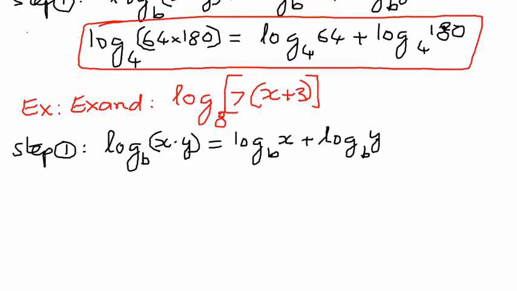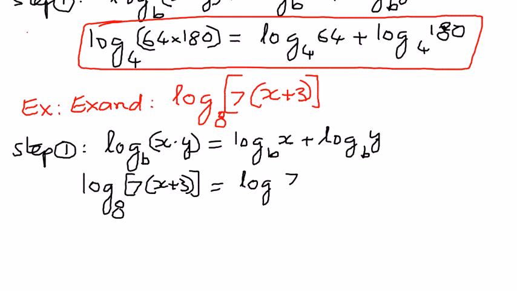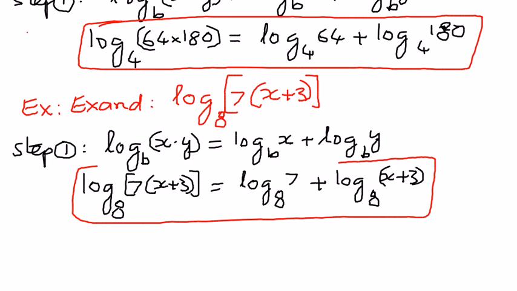So therefore, with the given problem, what we have is log 7 times x plus 3, and this whole thing is to the base 8. Therefore we can write this one as log 7 to the base 8 plus log x plus 3 to the base 8. And this is how we can expand these logarithms using the product rule.